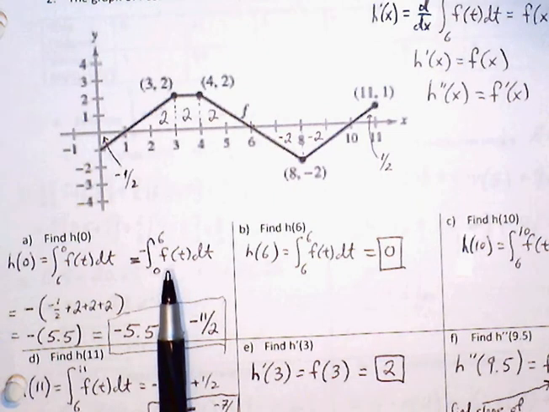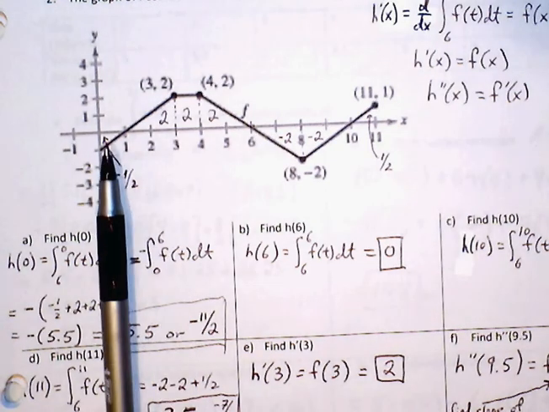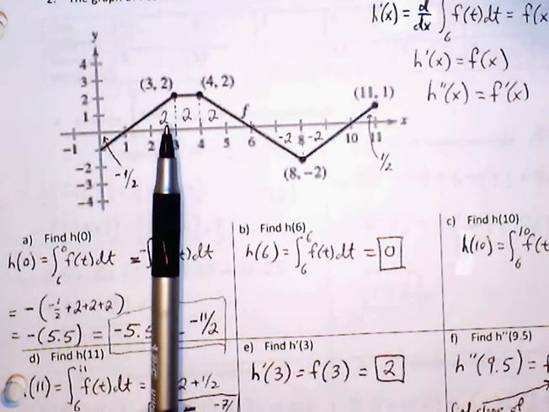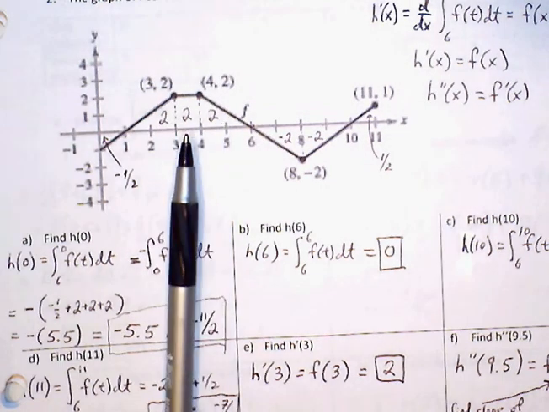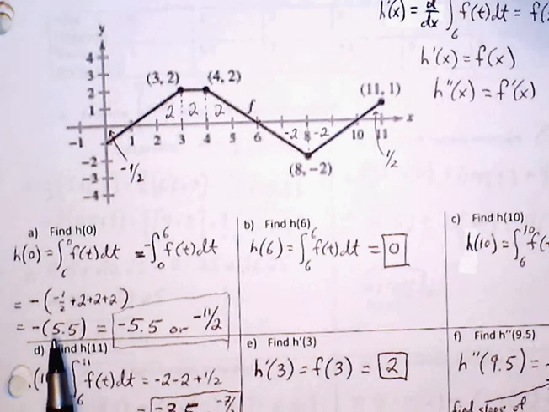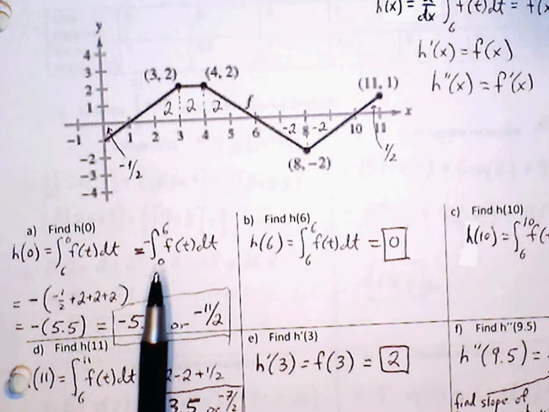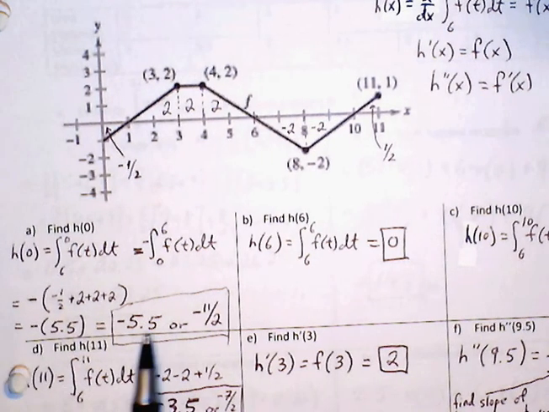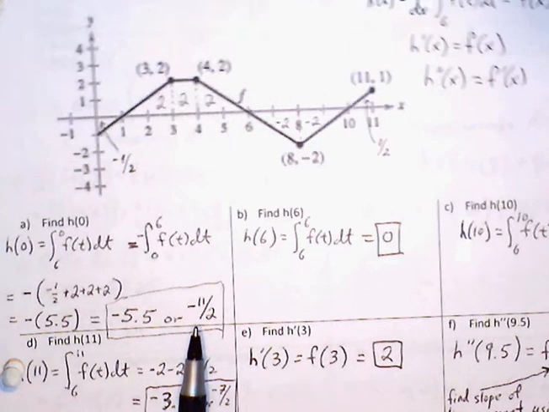So the definite integral from 0 to 6, we can just simply combine these values that we see here. So we have 2, 4, 6 minus 1/2. So that'll give us 5.5. But we have to include the negative in front, so negative 5.5 or negative 11 over 2.